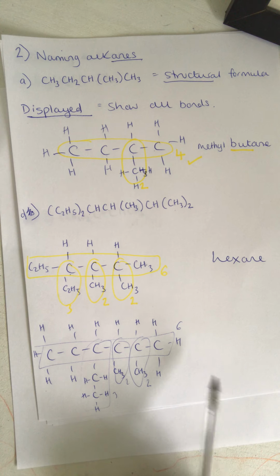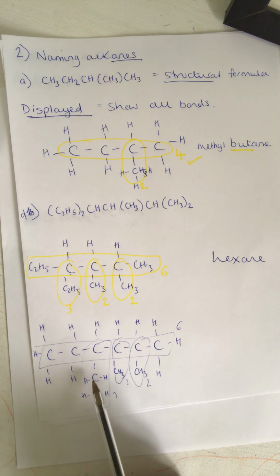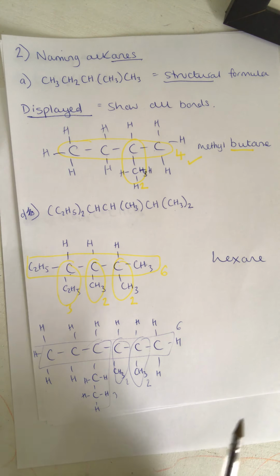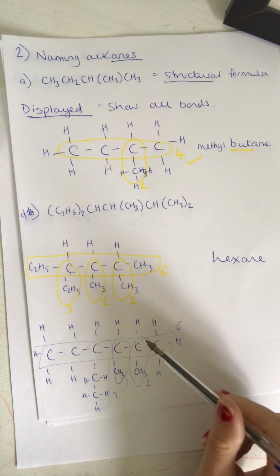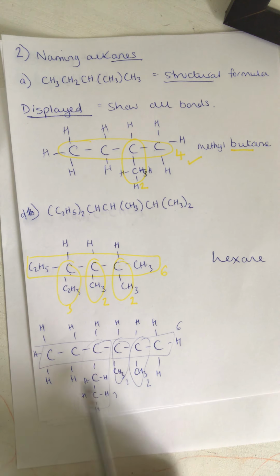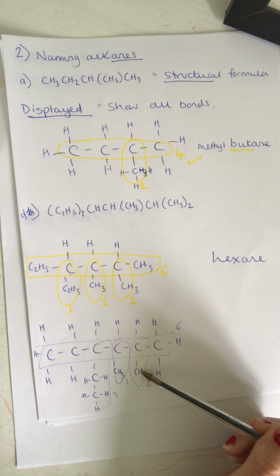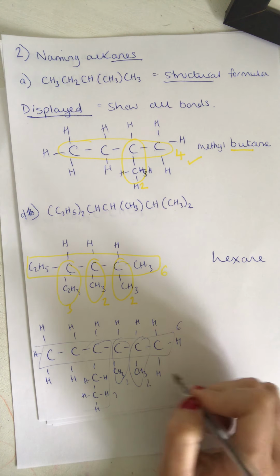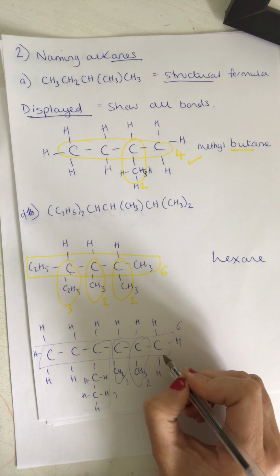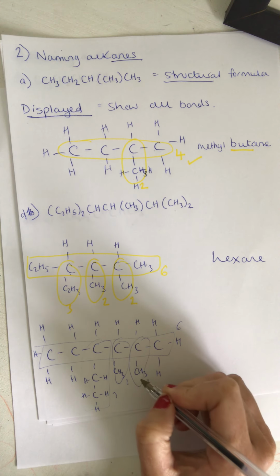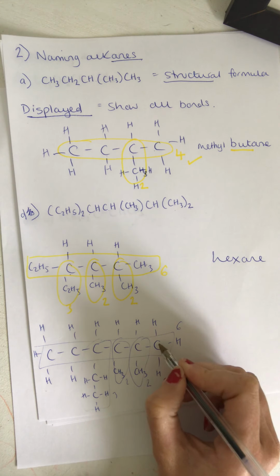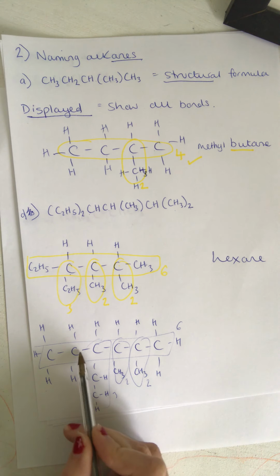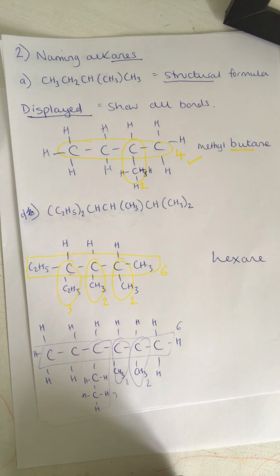You number the carbons at the end based on the functional groups that are attached. And our functional groups, which are basically your alkyl groups here, so methyl and ethyl, are closest to this end. So our CH3 group, our first kind of functional group if you like, is closest to that end, whereas this is kind of 2 carbons away from the end, if that makes sense.